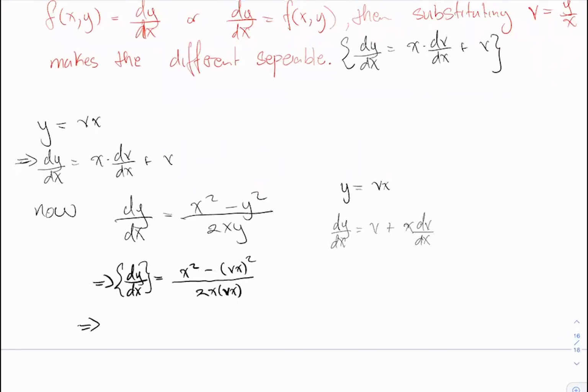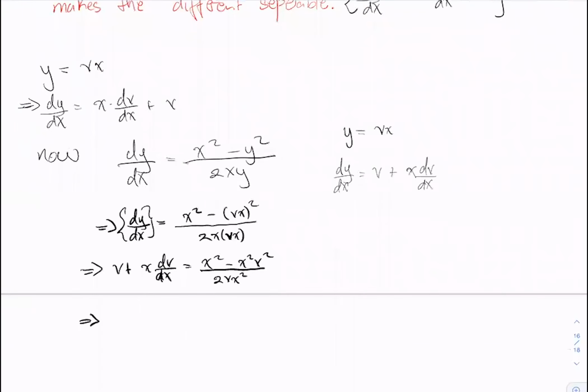So this means we have v plus x dv dx equals x squared minus x squared v squared divided by 2v x squared. So is it possible to cancel all the x's from my right hand side? Indeed.